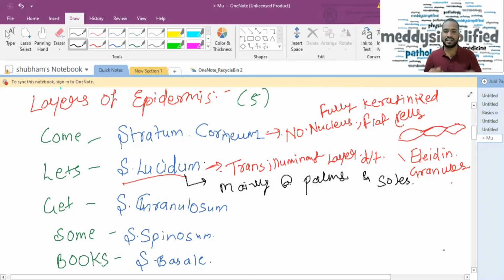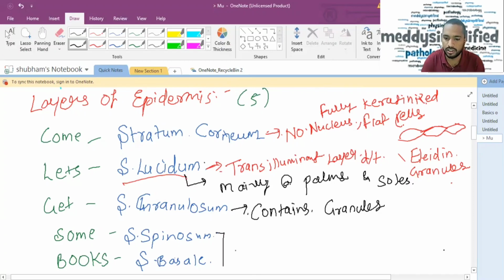Now, the next layer is stratum granulosum. The name granulosum is because it contains granules. Which type of granules? I will tell you in a while. The next layer is stratum spinosum, and the last layer is stratum basale.